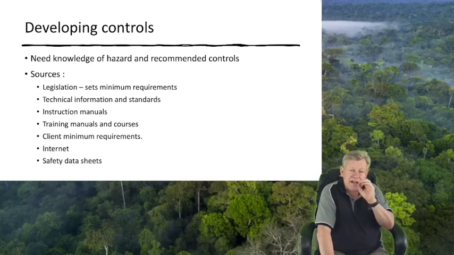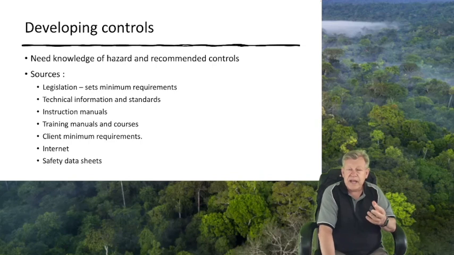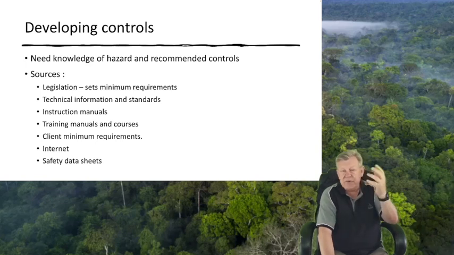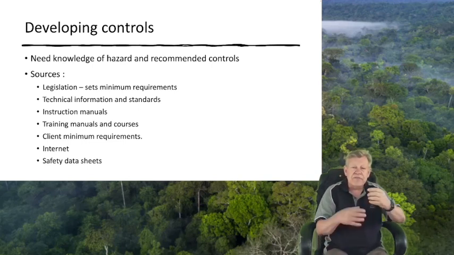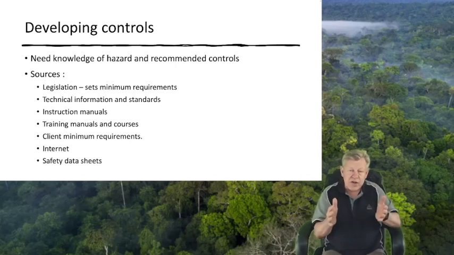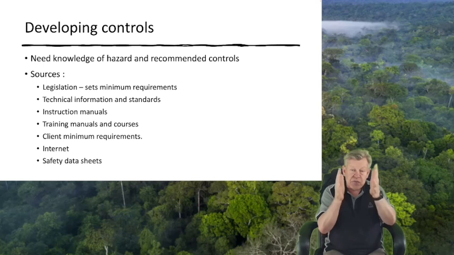Firstly, the legislation, the Occupational Health and Safety Act and its regulations, the ergonomic regulations, hazardous chemicals regulations, construction regulations, they already specify minimum requirements that I have to apply because they have learnt before they drew up the legislation, they've learnt that if we don't do those specific things, then the hazards that are present in, for instance, construction or hazardous chemicals will cause harm. So you don't have to relearn the lesson. It's already been learnt.